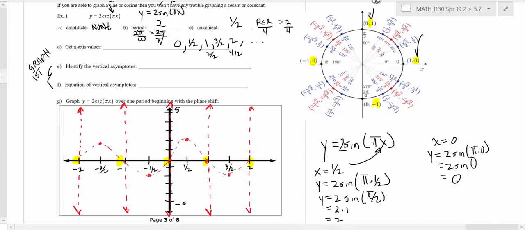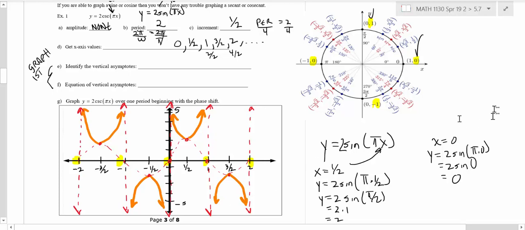Okay, now all I want you to do is sketch. The rest of it's a sketch. It doesn't have to be perfectly accurate. Just do the U-shapes, making sure that you're showing that they're approaching the vertical asymptotes the right way. And then that would take us through 2 periods of that graph like that. Okay, so that's what your graph looks like.